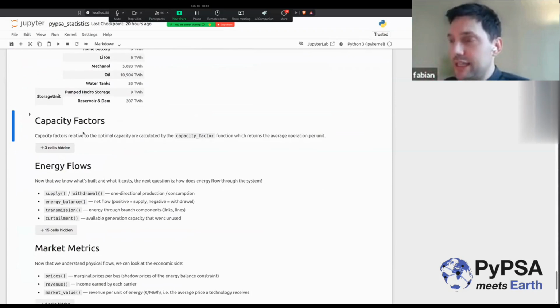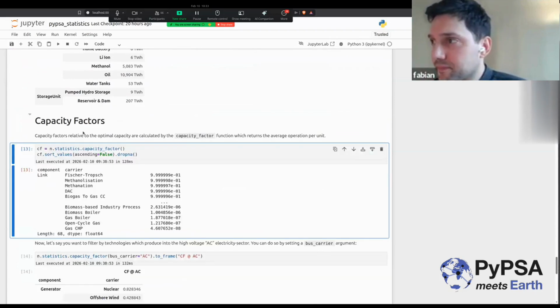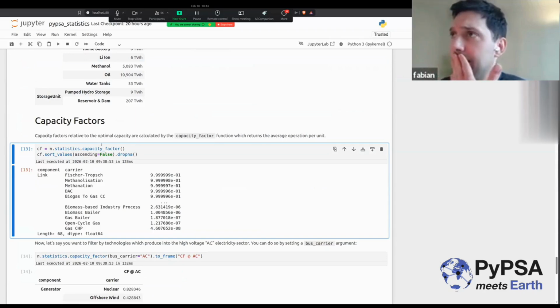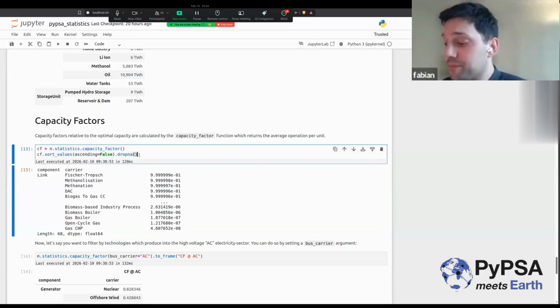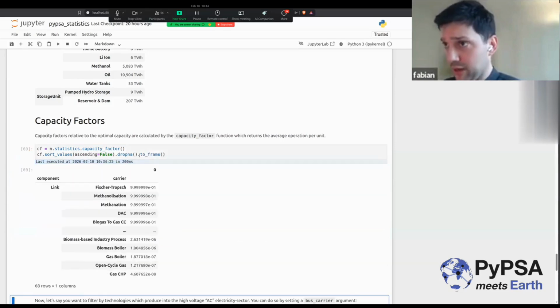We have another one, which is the capacity factors. There it's also quite straightforward. It's a function that you can run and that gives you a unitless number between 0 and 1, which indicates the average operation. I guess you're mostly familiar with the concept of a capacity factor.